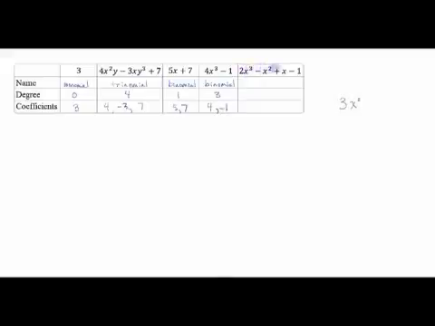This polynomial has 4 terms, so we'll just call it a polynomial. Its degree is 3, and the coefficients are 2, -1, 1, and -1.